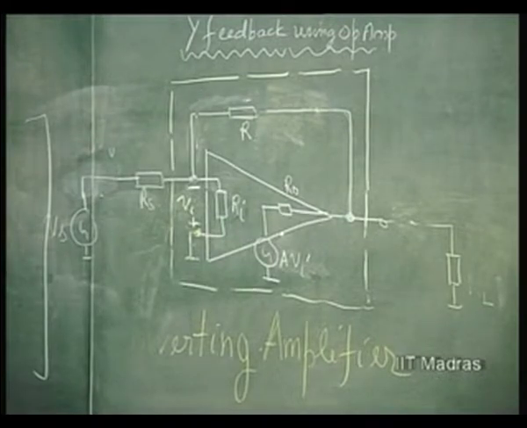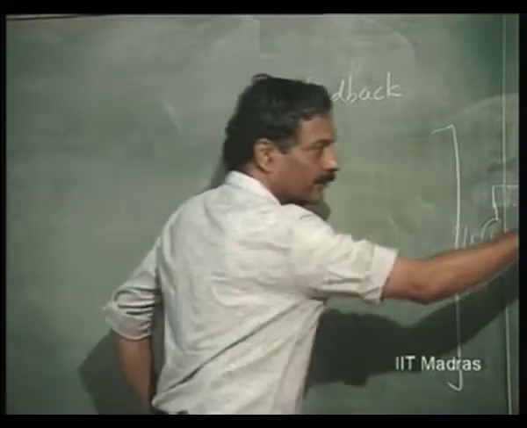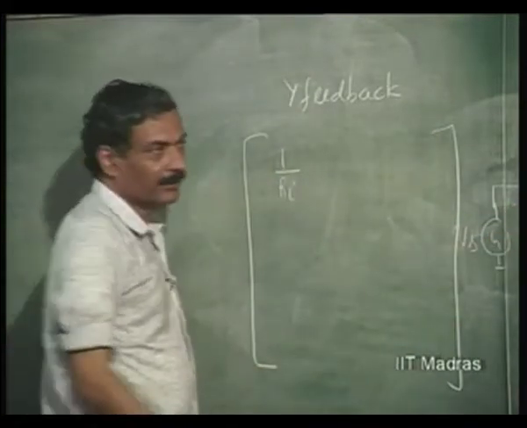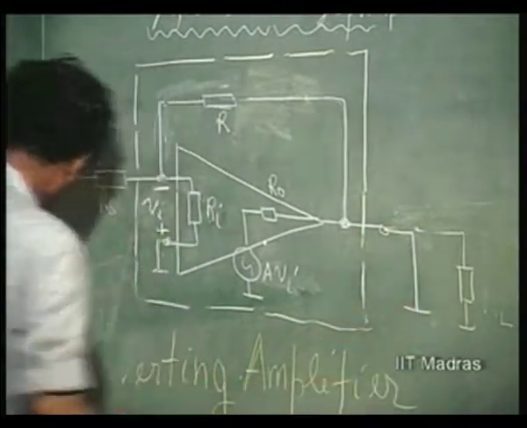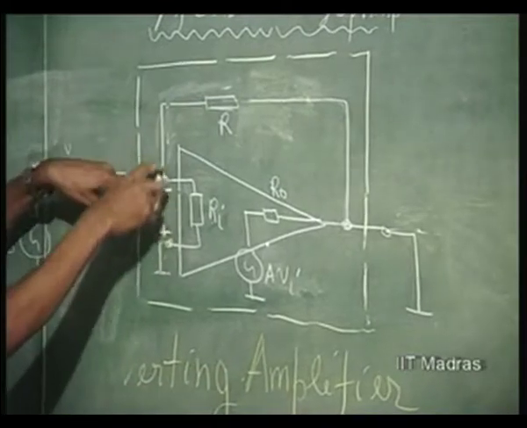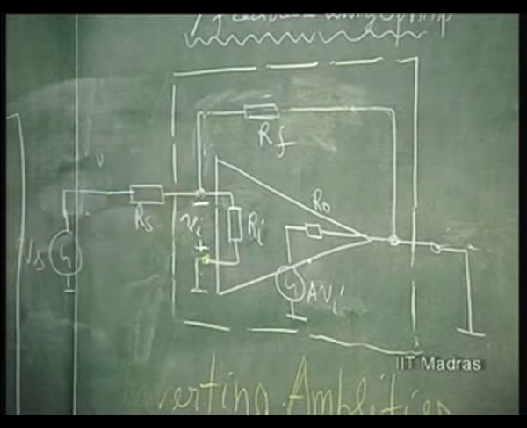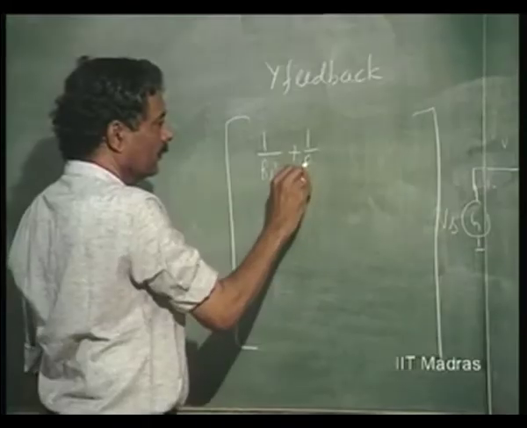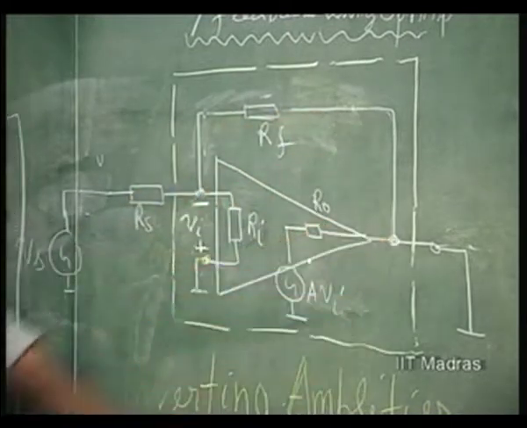So we have here 1 over Ri, when I short the output, 1 over Ri comes in shunt with 1 over Rf.